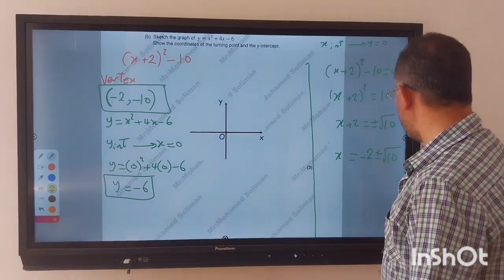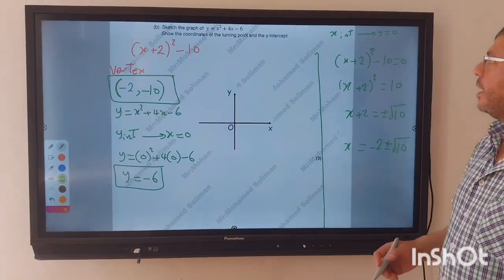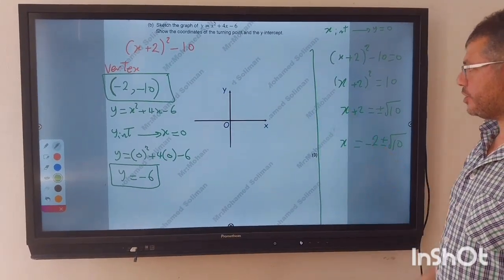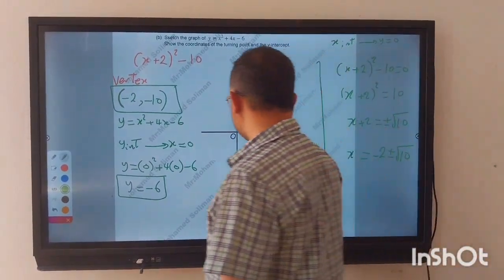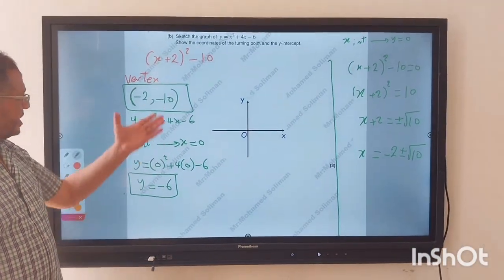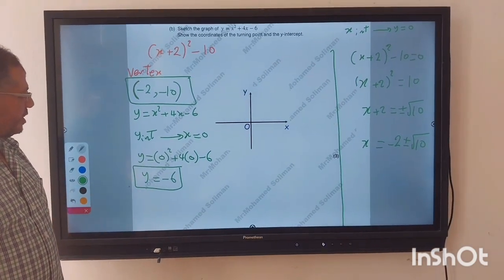Okay, now I want to sketch this formula. How can I sketch it? First of all, you can set the vertex. What is the vertex here? It's (-2, -10). And the y-intercept is negative 6.